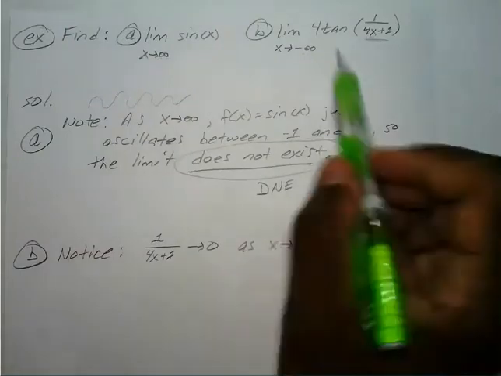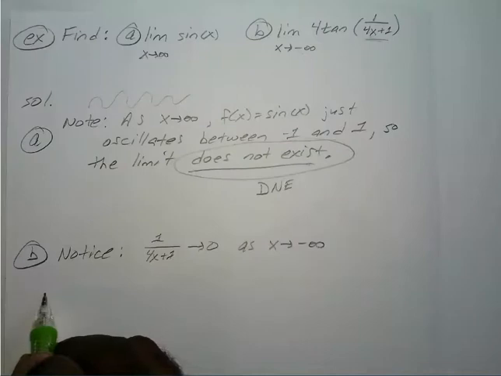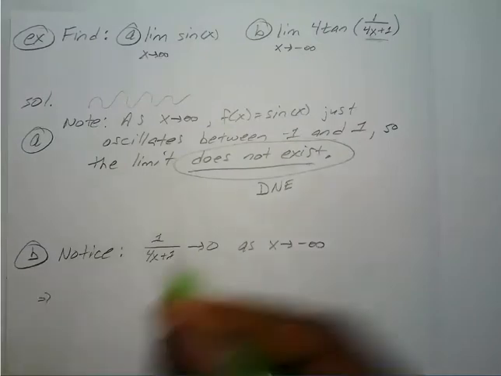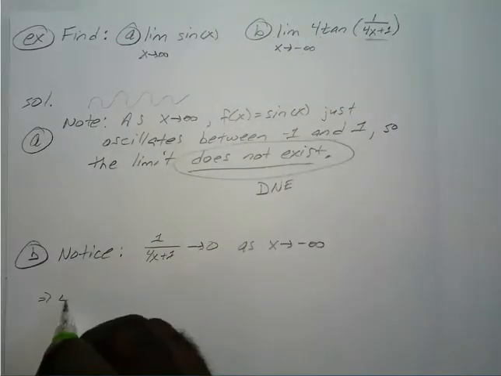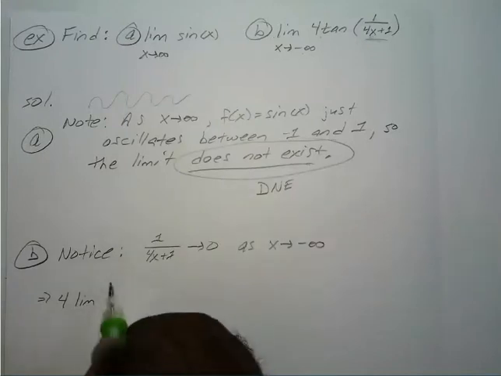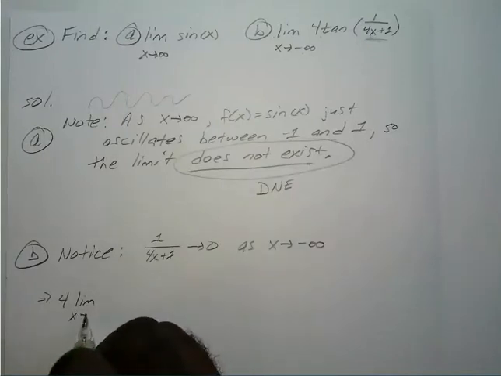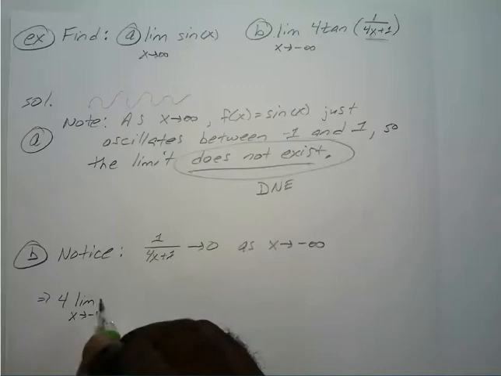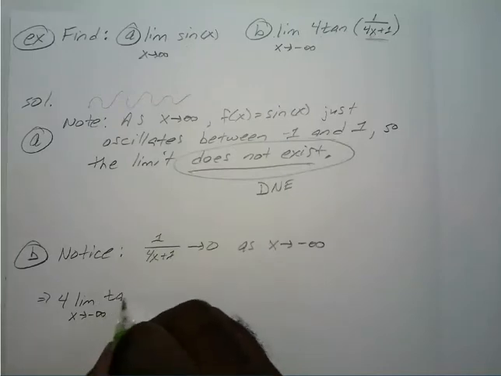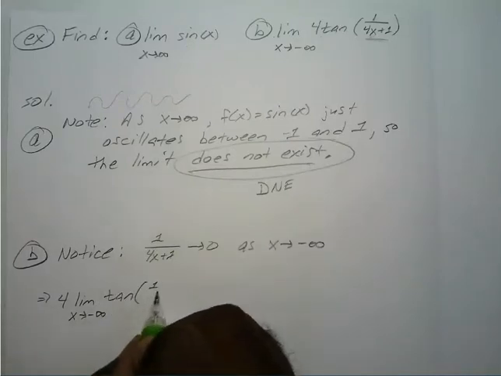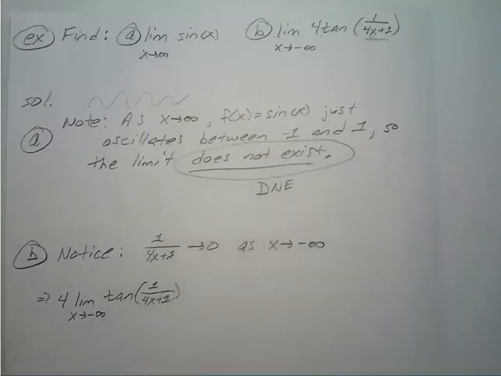So what we can do is factor out our 4. We now have 4 times the limit as x approaches negative infinity of tangent of 1 over 4x plus 1. So you can actually take this and have just the limit of what's in there.